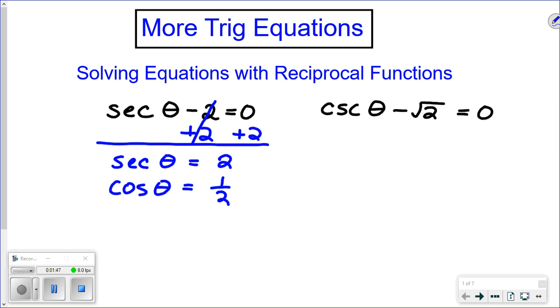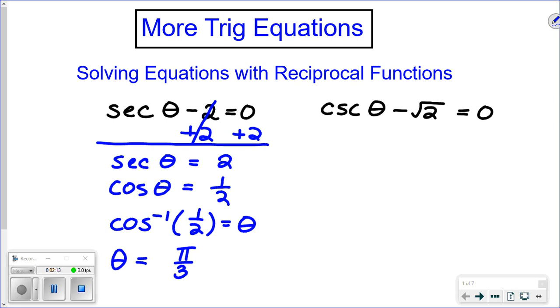In order to isolate theta, we have to use the inverse trig function. So our next step would be to write inverse cosine of 1/2 equals theta. And then we're going to think to our unit circle for which angle is cosine equal to 1/2. Well, cosine is equal to 1/2 at pi over 3.